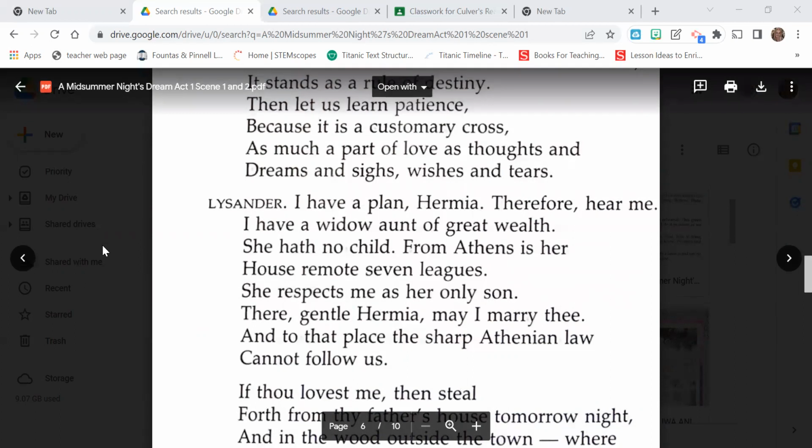So apparently this Athenian law, that you either have to marry who your dad says or die or become a nun, which of course Shakespeare made up, is only in Athens. And Lysander has a widow aunt, and a widow aunt means that her husband died, but she has lots of money, because see, you don't want to change classes.